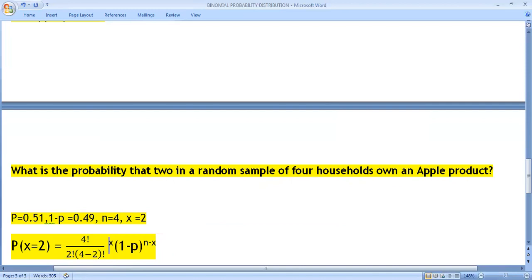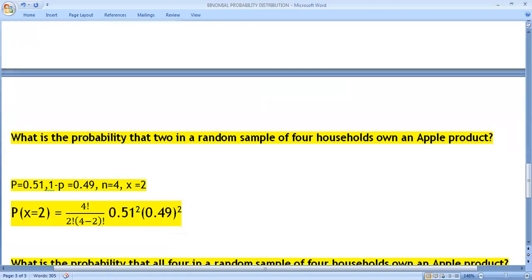The probability of success is 0.51 power X, which is 2. Probability of failure is 0.49 power n minus X. N is 4, X is 2. That will be power 2.